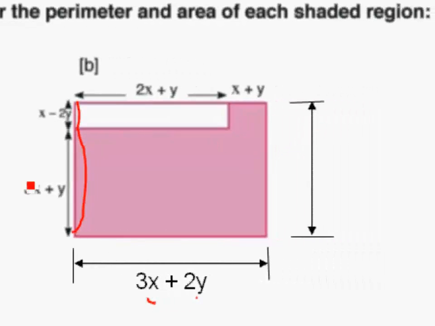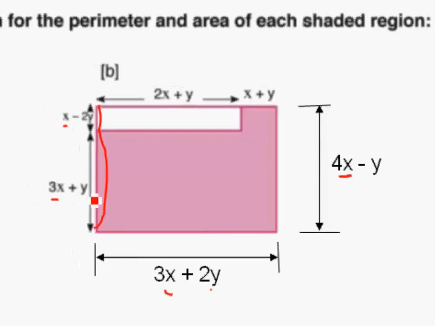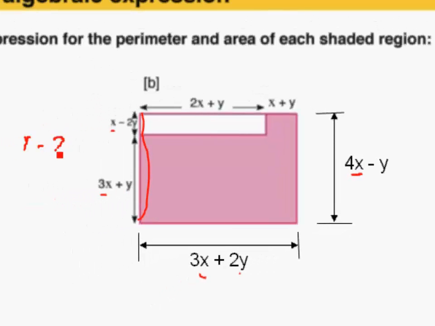So the summation will be 3x plus x is 4x, and here we have y minus 2y. We have two numbers, minus 2 and plus 1, so we have to subtract. 2 minus 1 is 1. Take the sign of the biggest number, minus, so minus 1y. We don't write 1. This will be minus y.